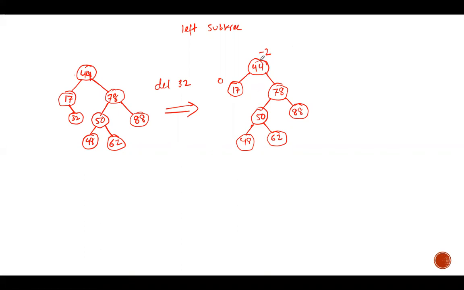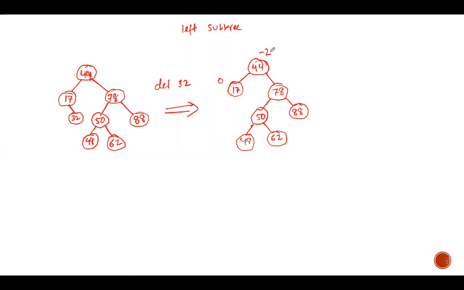All right. So when this node has -2, which node am I going to check further for the balance factor? I deleted from the left subtree, the node gets unbalanced, and the balance factor is -2.